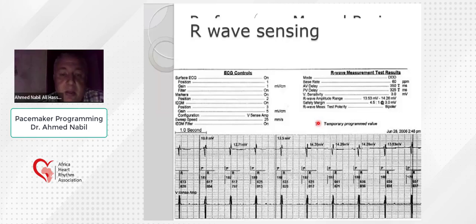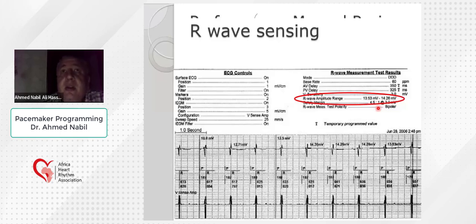This is an example of an R wave sensing, and this is the value at which the R wave was sensed. This is the R wave sensing from the ventricle, and this is the value of the R wave amplitude range. It is here measured between 13 and 14 millivolts. So this is very comfortable for me. This means that the lead in the ventricle has a good sensing function because it can sense up to 13 millivolts.